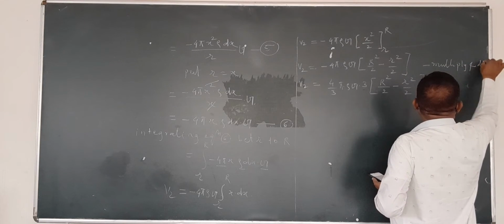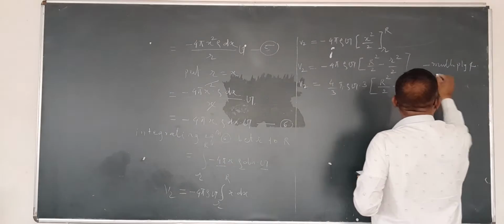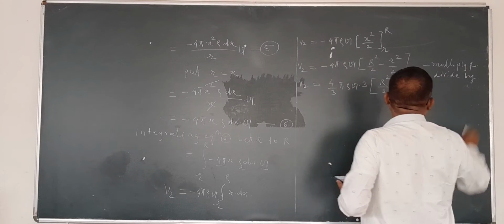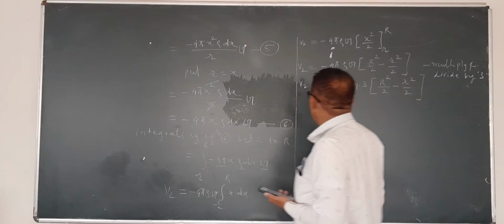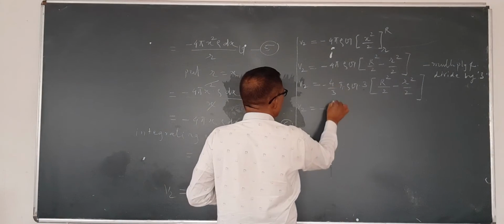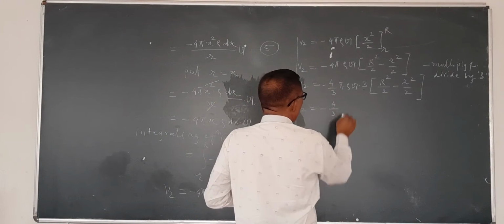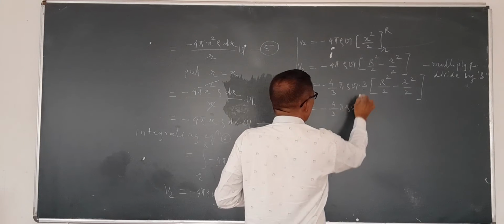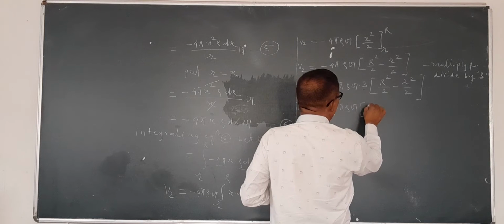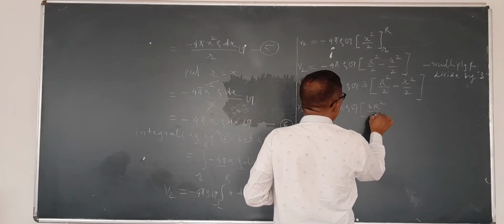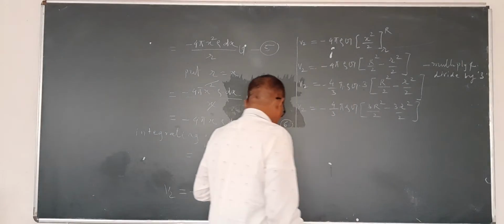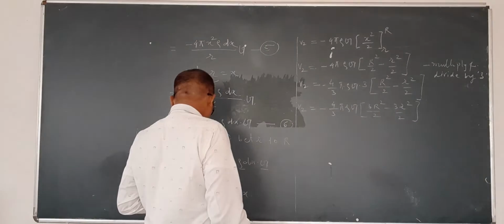Therefore, this equation becomes V2 equals minus 4 by 3 pi rho g, multiplying this 3 into this bracket, so it becomes 3R square upon 2 minus 3r square by 2.